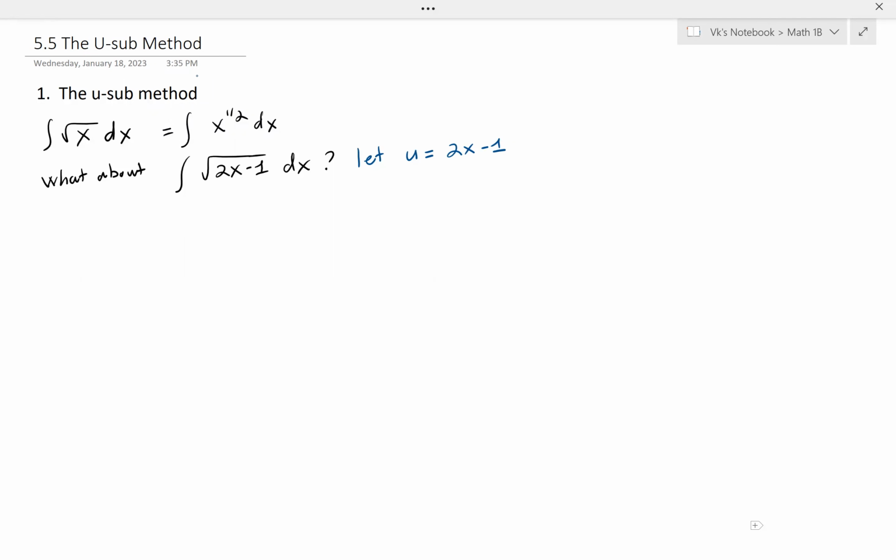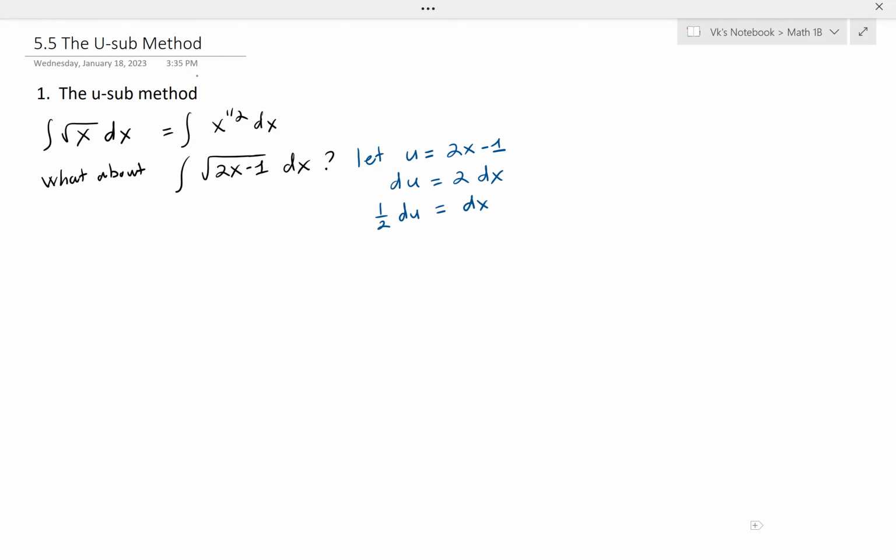Take the derivative of both sides with respect to x, then we have du equal to 2 dx. And we say that dx is half of du.